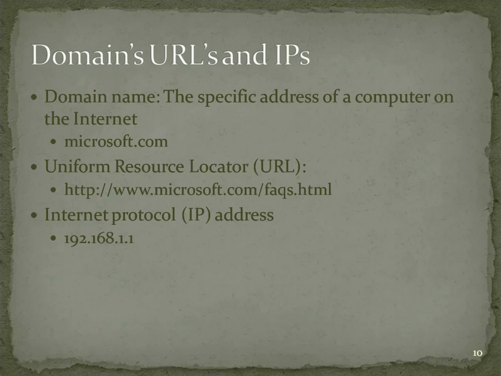One of the internet protocol addresses is 192.168.1.1. This is an example of an internet protocol address. There are many internet protocol classifications used according to the number of machines connected to the internet, through an organization, an individual, or a company. There are various kinds of classifications of internet protocol addresses.